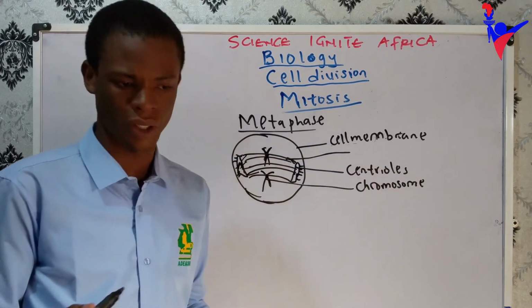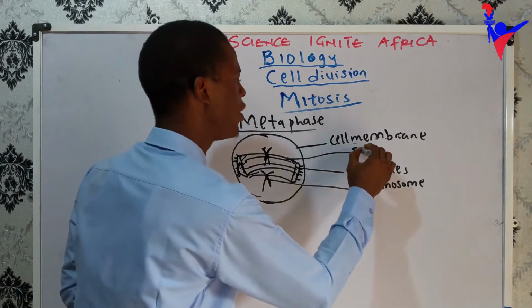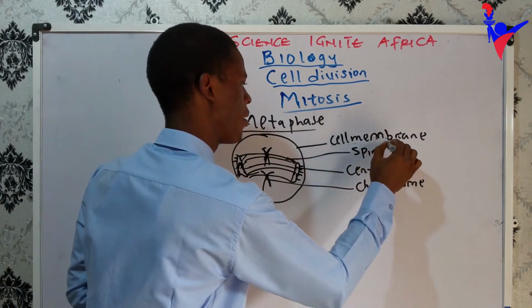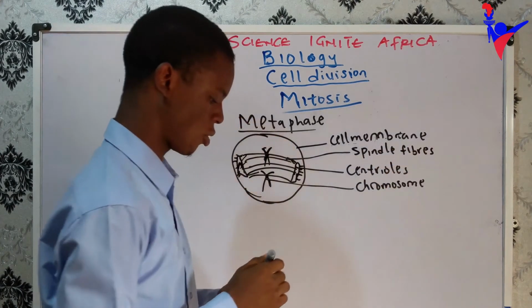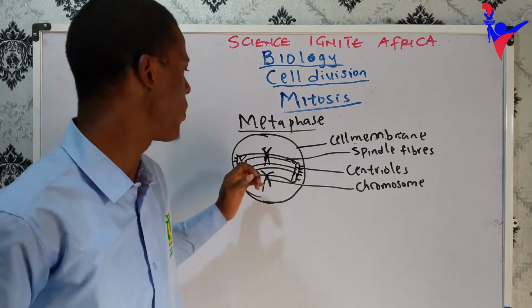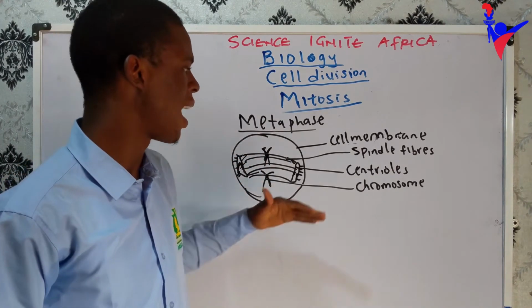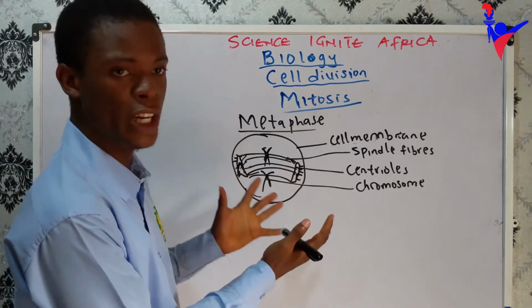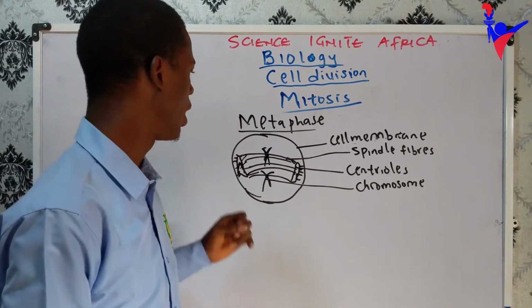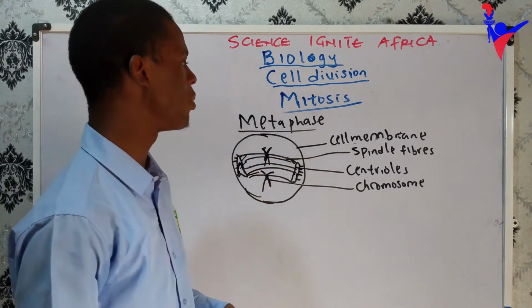The thread-like structures that you see in this diagram are all known as your spindle fibers. You have your chromosomes attached to the spindle fibers, the nucleus being dissolved, and the outside known as the cell membrane.